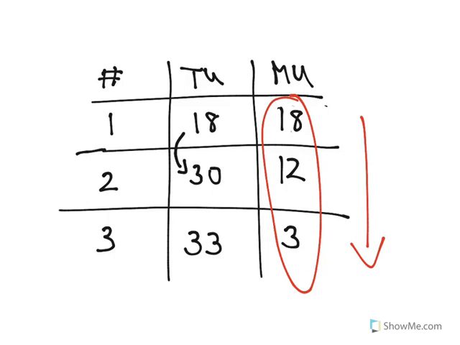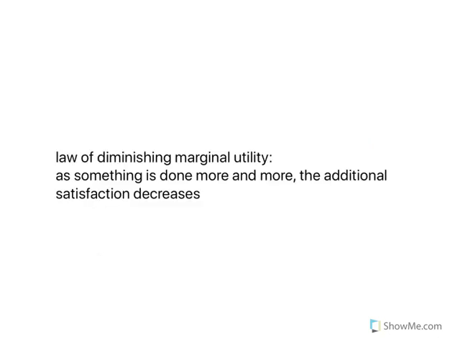And intuitively, that should make sense because, if you think about eating a pizza, right? The first slice of pizza you eat tastes really, really good, right? But as you start eating more and more slices, that next slice is going to get you less and less satisfaction until you just don't want to eat any more pizza. This is the idea of the law of diminishing marginal utility.